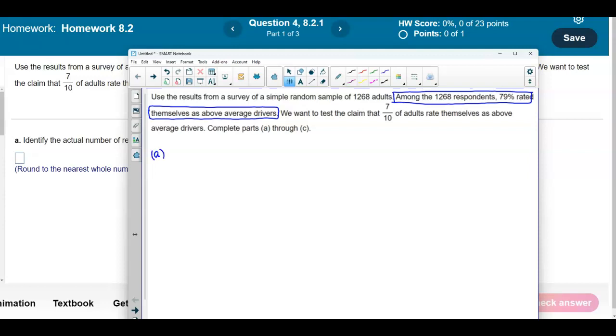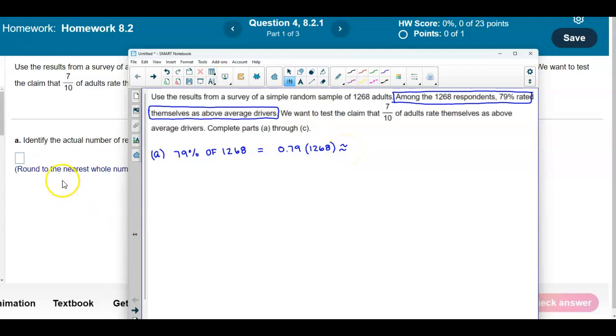So for part A, we want to find 79% of the total respondents of 1,268. Well, that's the same thing as saying 0.79 and multiplying it by 1,268. So let's go ahead and find that.